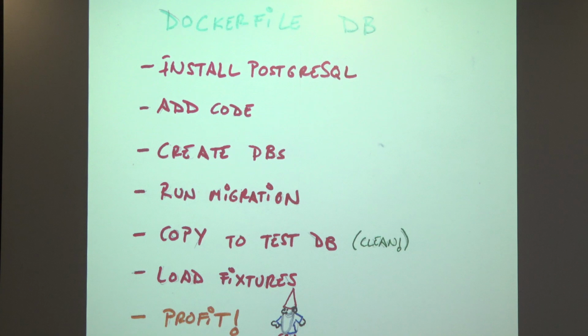So what the Dockerfile does is install the database, add your code, create the database, so now it starts a fresh database, runs the migrations, copies that to the test database, so you have a clean test database, loads the fixtures into the general database, and then you have it already baked. And every time that you start it, you start from that point, not from zero.